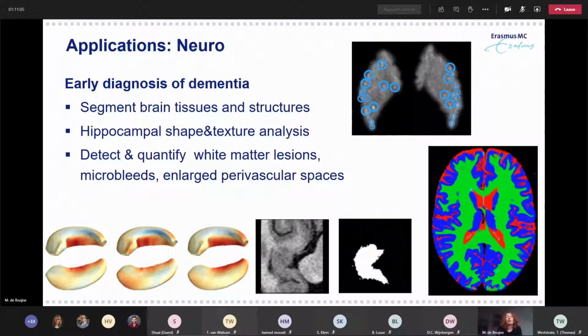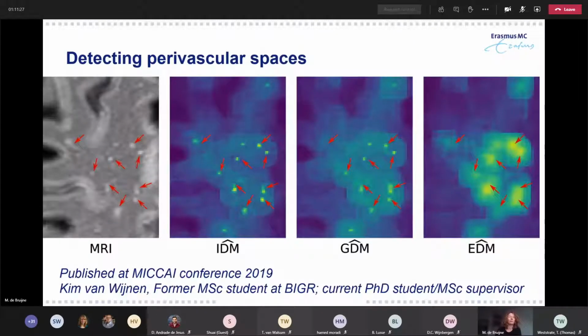We work on multiple clinical applications. An important one is brain image analysis, where we focus on early diagnosis of dementia by segmenting different tissues and structures in the brain, detecting and quantifying lesions and quantifying cortical structures. Here's one example, which was also a master thesis project in our group by Kim van Wijnen.